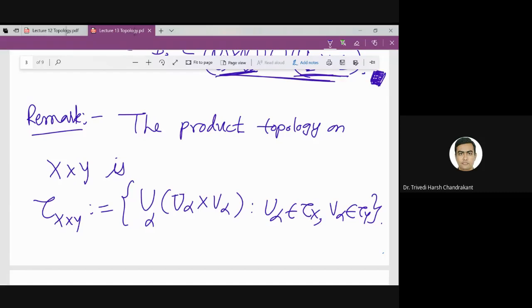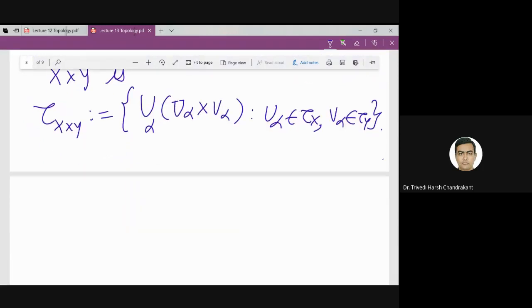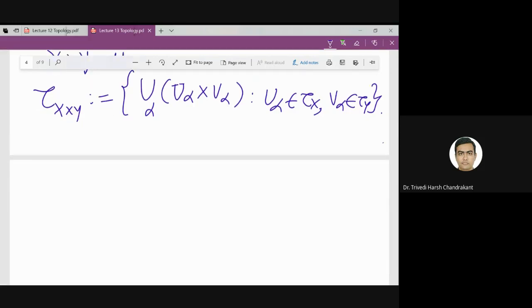The same way we can construct a basis also. So instead of taking the cross product of open sets, for example, if I take the cross product of only basis elements, let us try to see this.